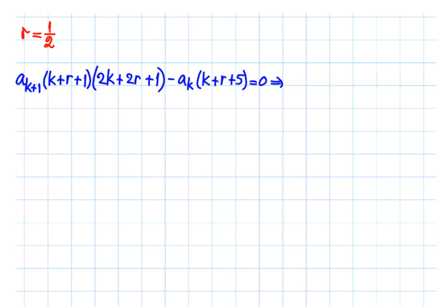With this, we can solve for a of k plus 1. We move the a sub k to the other side. We have k plus r plus 5, a sub k. The bottom is just k plus 1 plus r, or k plus r plus 1.